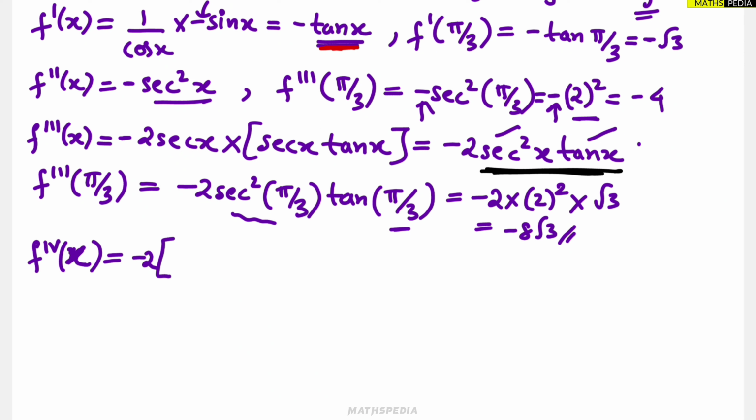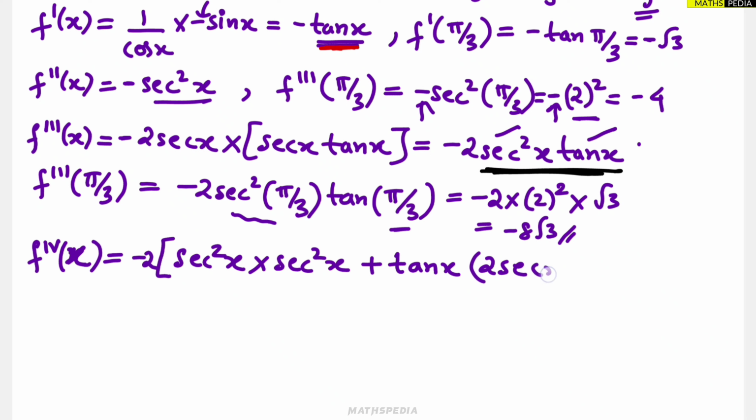Sec square x, the first function as it is, into differentiation of the second function, tan x, which is sec square x, plus the second function as it is, tan x, into differentiation of the first function. Sec square x differentiation is 2 sec x into the differentiation of sec x, which is sec x into tan x.